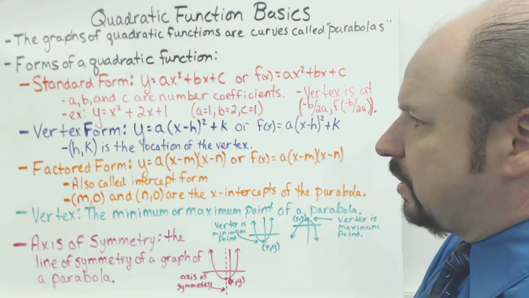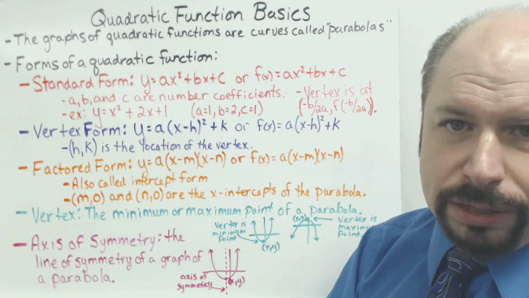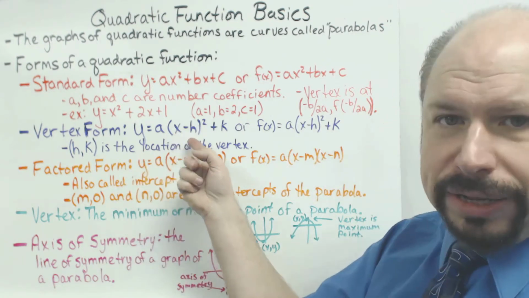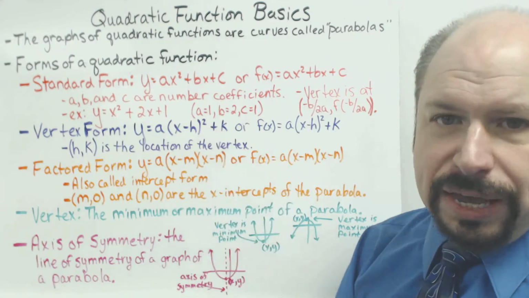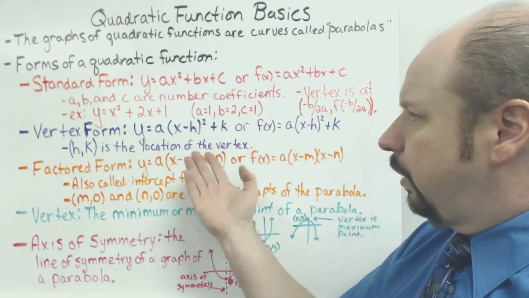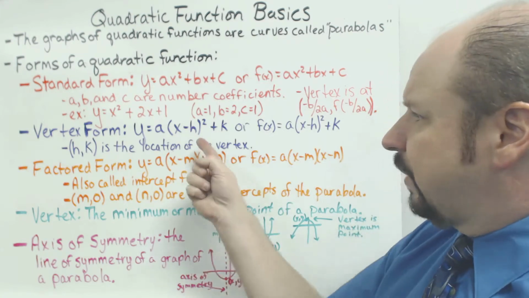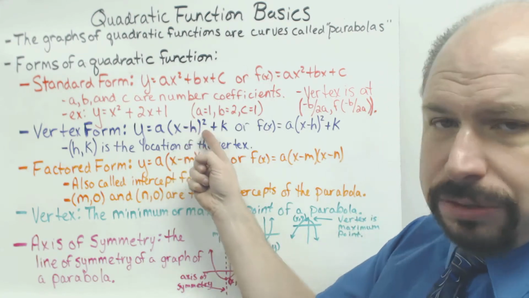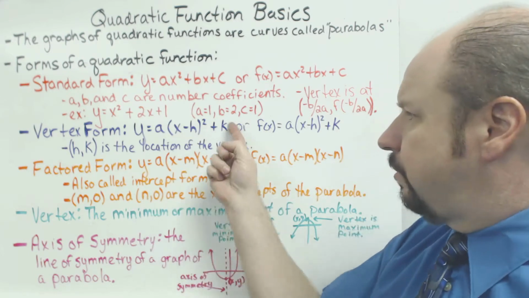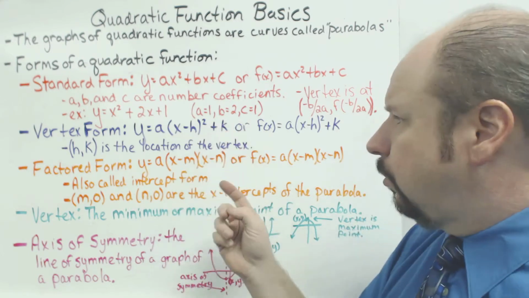Okay, the second form is vertex form. That is y equals a times the quantity x minus h squared plus k. You may remember we worked with these a little bit when we were talking about transformations. So if you remember, this moves the graph left and right. This moves the graph up and down.